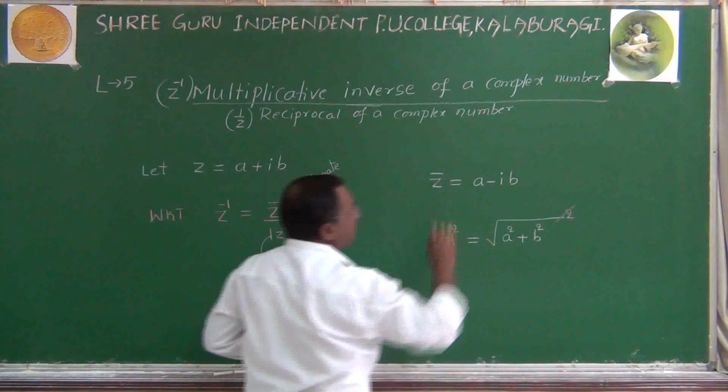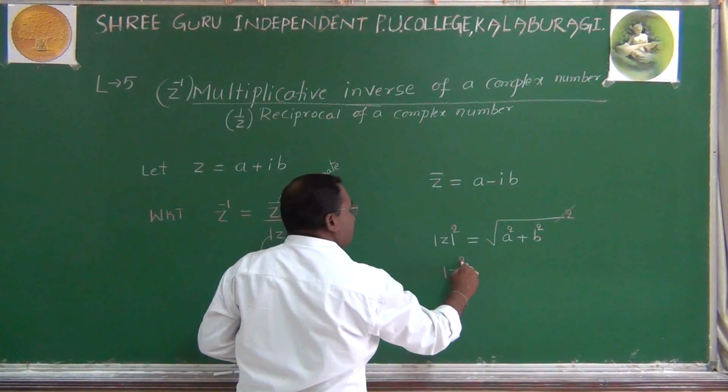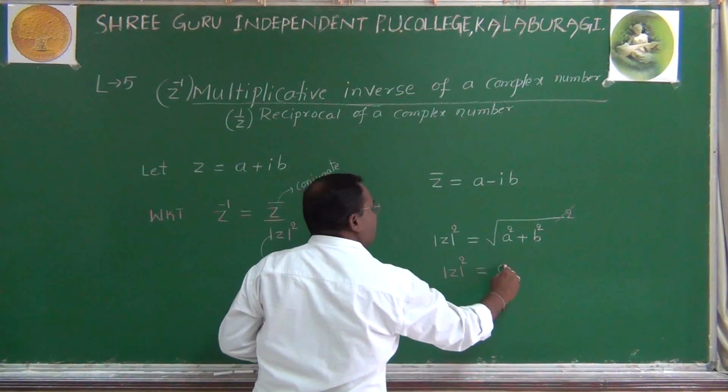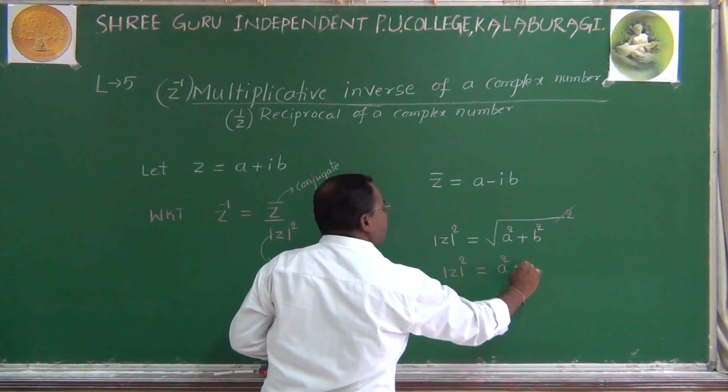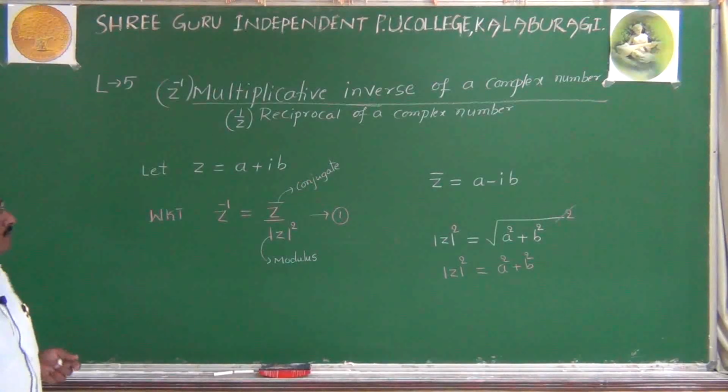Square and root get cancelled. Modulus of z whole square is equal to a square plus b square.